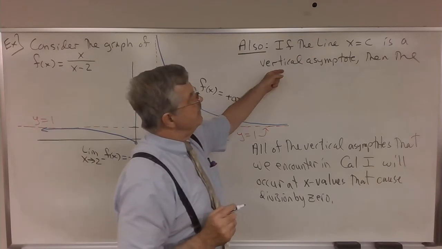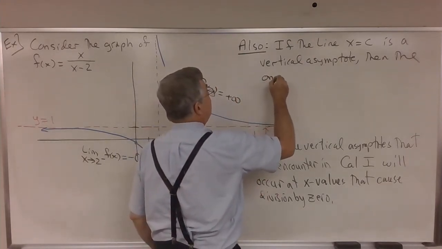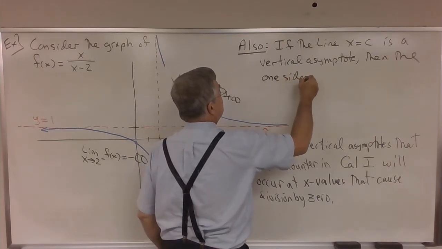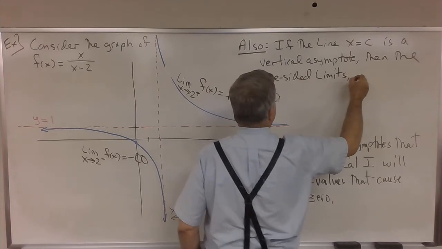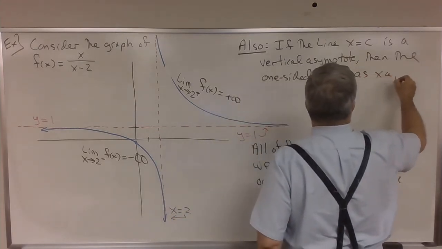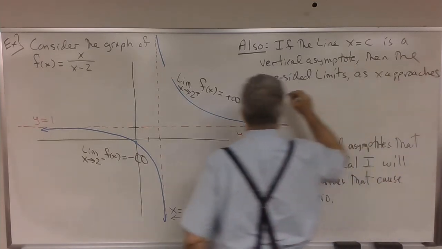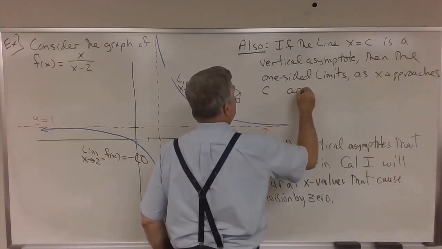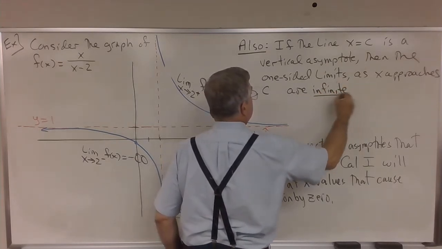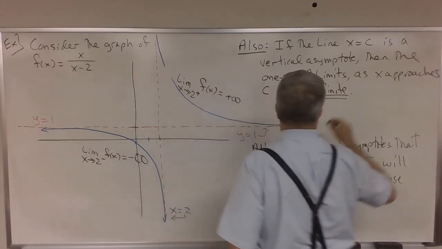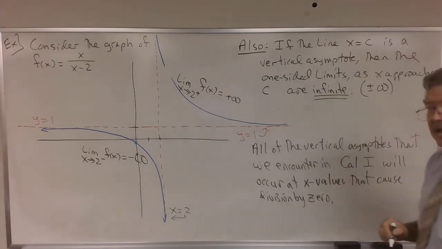If the line x equals c is a vertical asymptote, then the one-sided limits as x approaches c are infinite. They're either going to be plus or minus infinity.